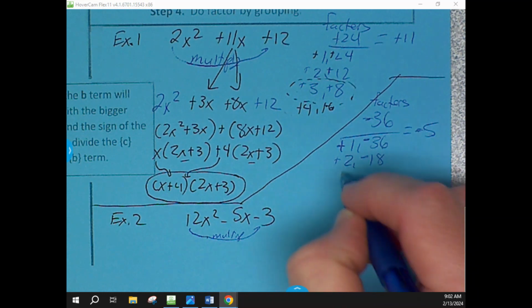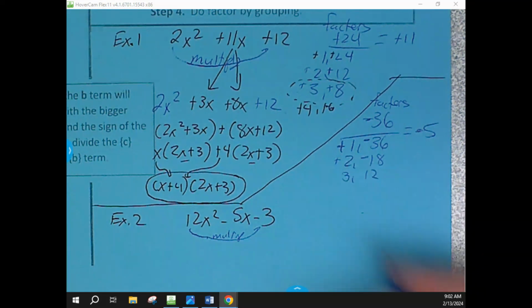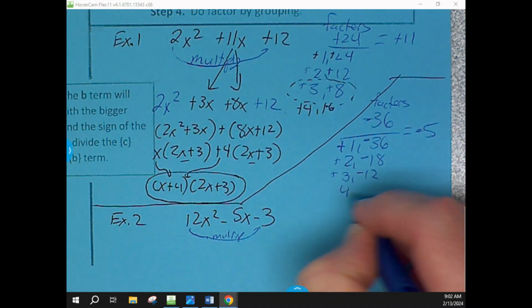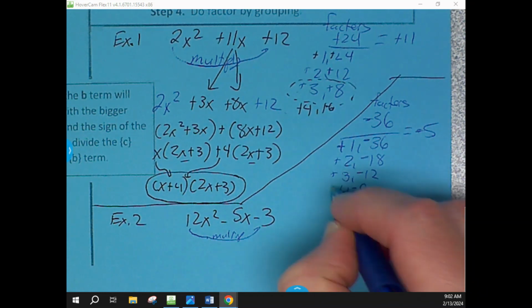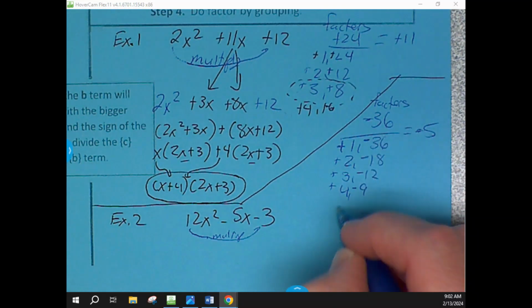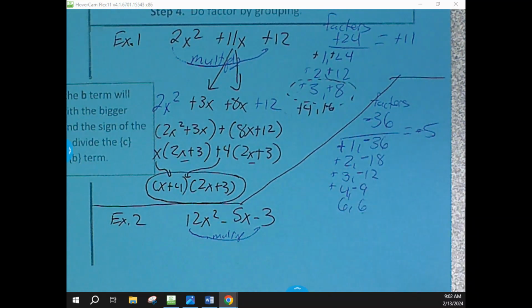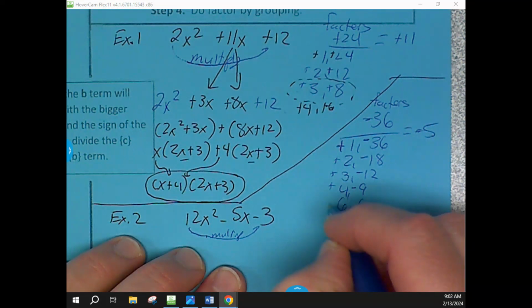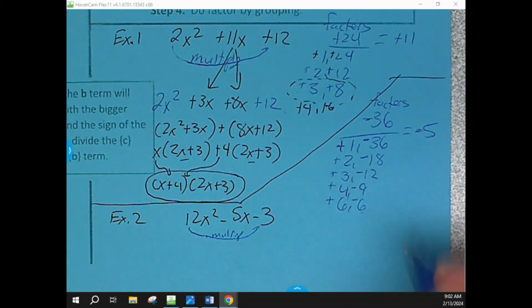If we do 3 and 12, same thing, negative, positive. If we do 4 and 9, negative, positive. 5, if you check it, 36 divided by 5 doesn't work. We could get 6. And somebody may say, well, what do we do in that case if we've got 6 and 6? Okay, there's not a bigger positive or negative on this one. They're the same. So it doesn't really matter, but just to be consistent, we'll put a plus there and a minus there.